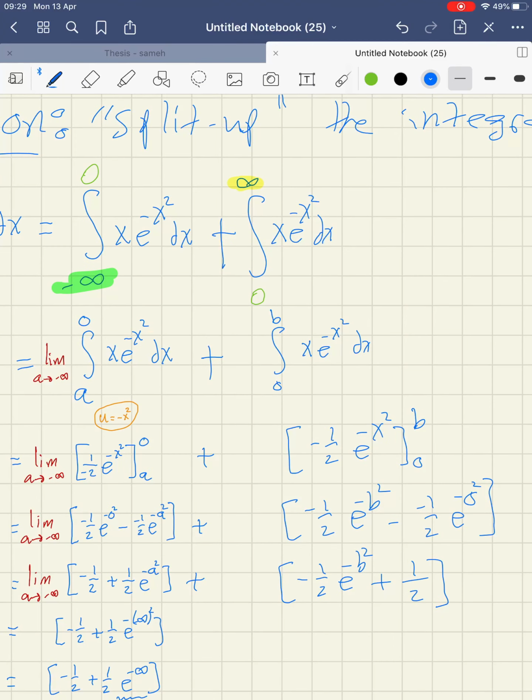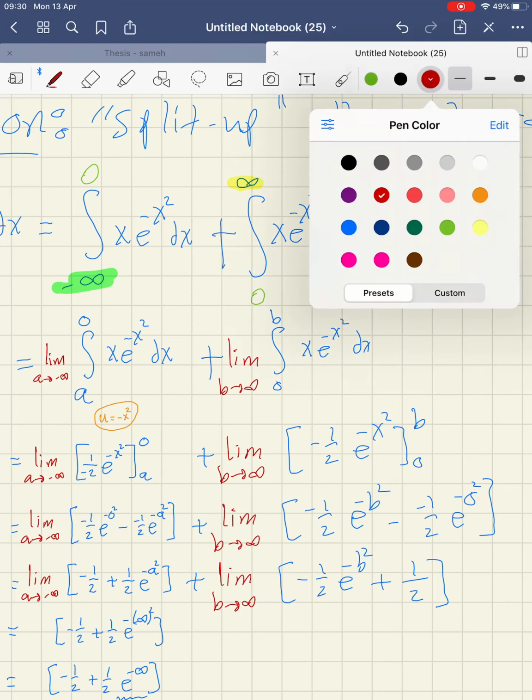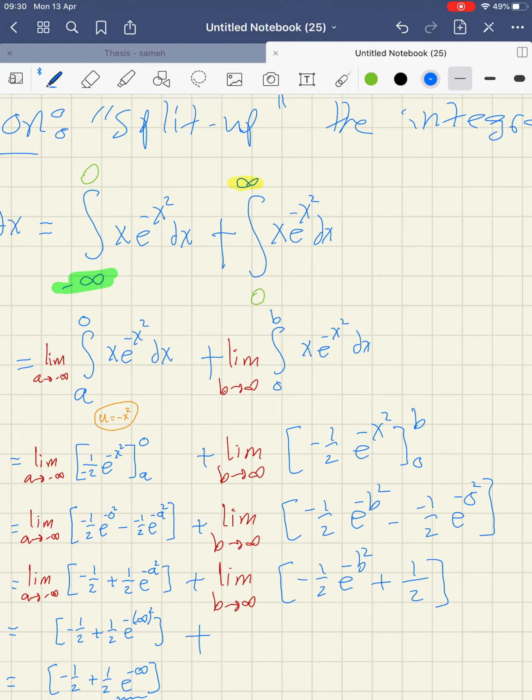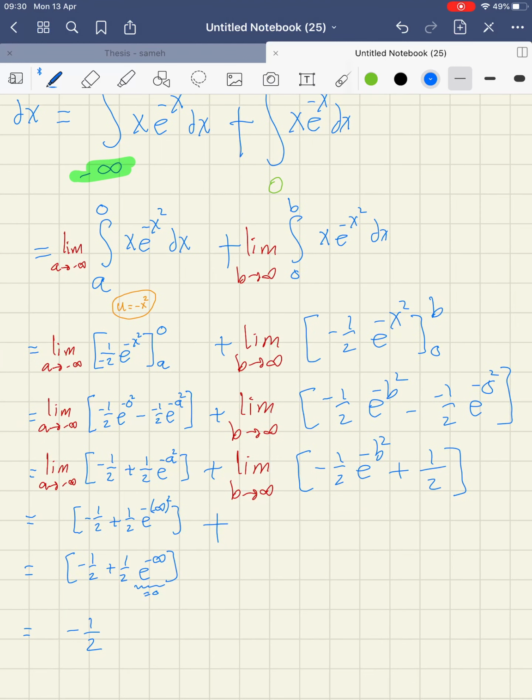And then the next step, we just need to put the limit as b goes to infinity. If we substitute infinity, we get negative half e to the negative infinity squared plus half.